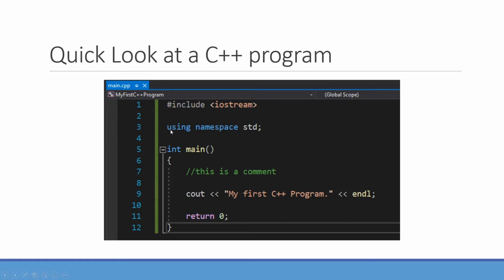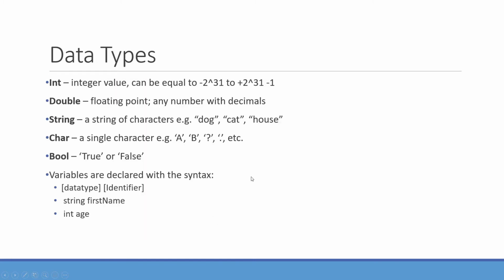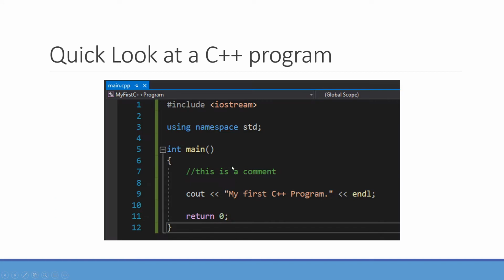Then we have the line using namespace std, and over here is our int main. So comments, as you should already know, they don't affect the program. And this cout here allows us to output text and data into our terminal. endl means end line, and then, as always, we have to finish our main function with a return 0. Okay.